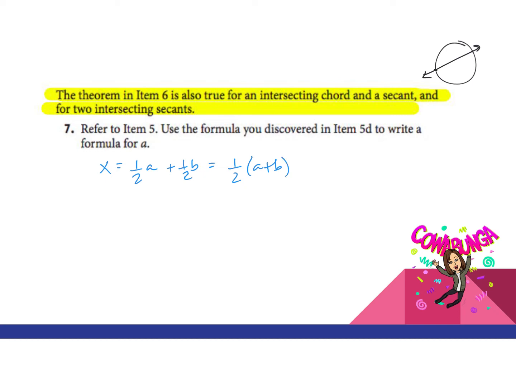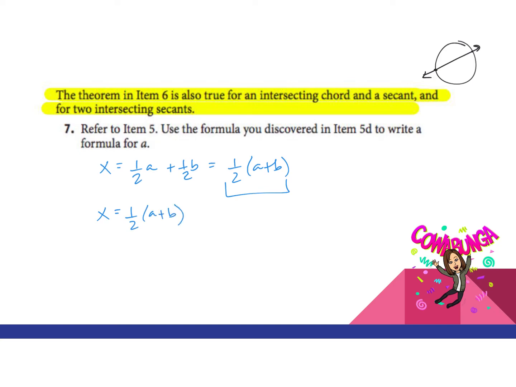Now it wants us to rewrite the formula for a. It doesn't really matter which of these parts we look at. I'm going to focus on the second part. So let's think about this formula, x equals 1/2 (a plus b).